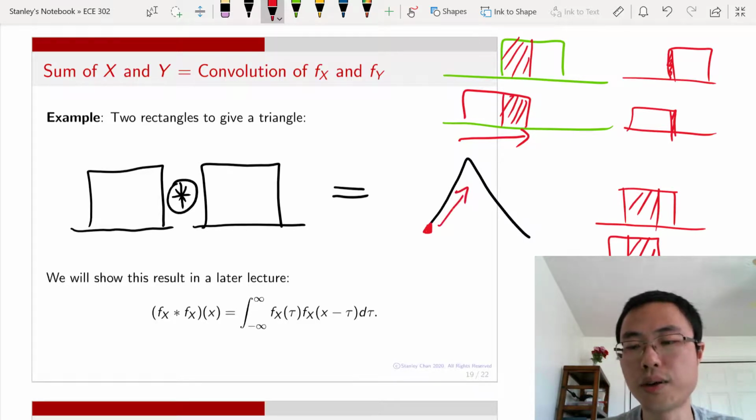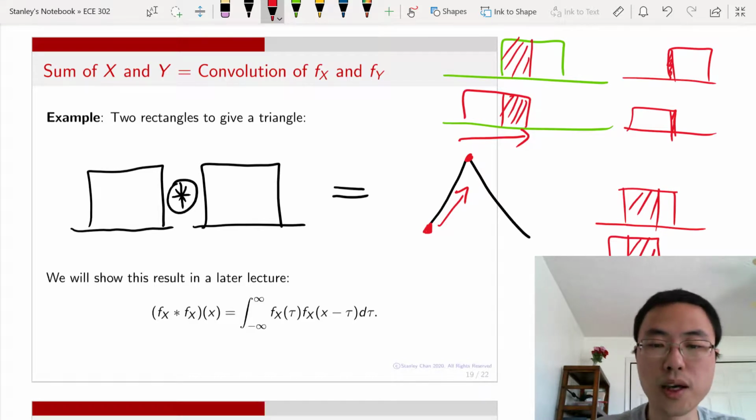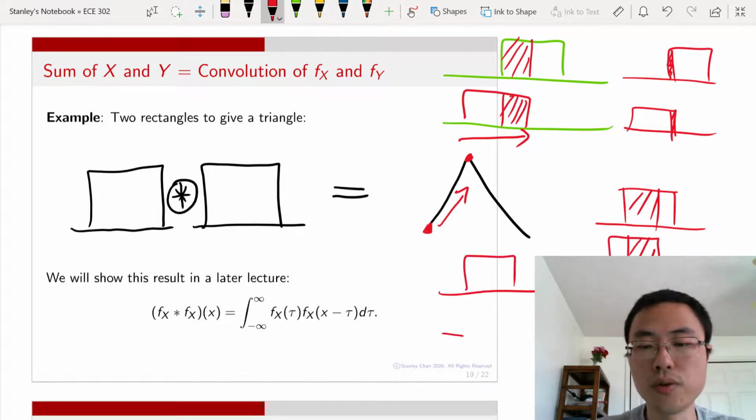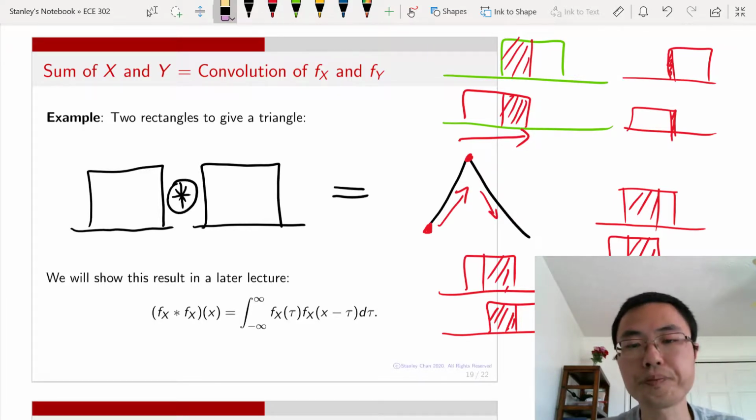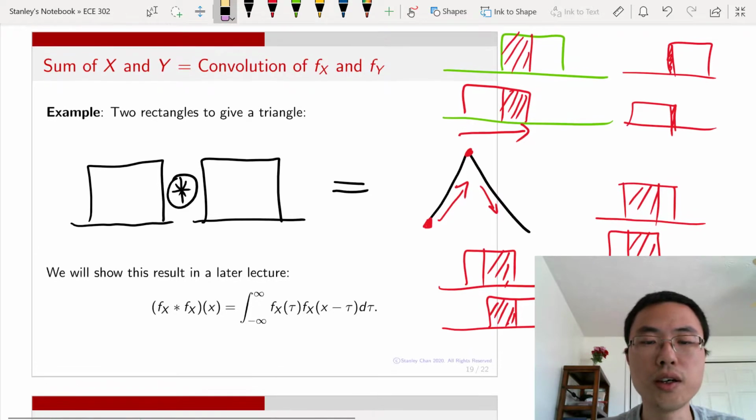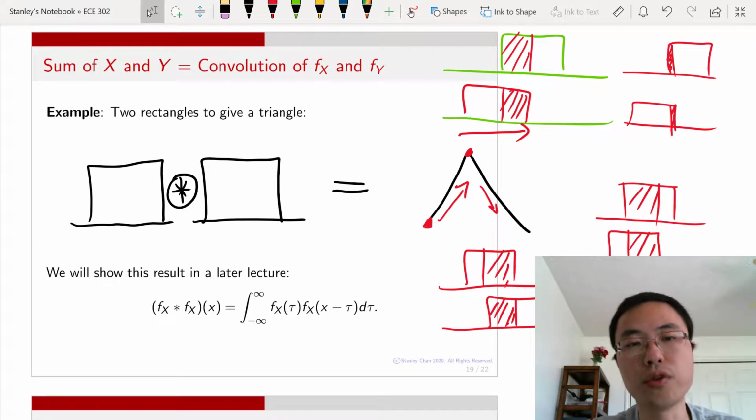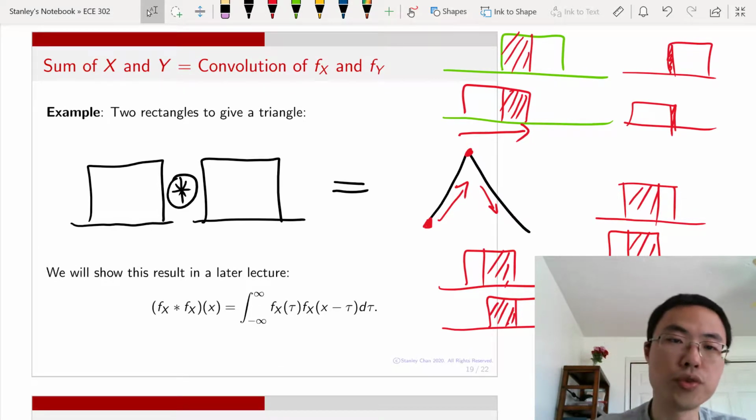You have the maximum when you have exact overlap. So that is the peak. And then afterwards, what would happen? Afterwards, the original rectangle is here, and then you move to the right, and so the overlap drops again. So that is the reason why we have a triangle distribution when you convolve the two rectangle distributions.